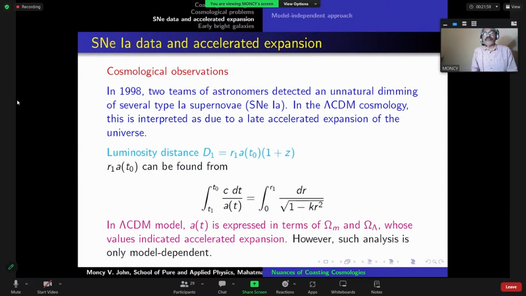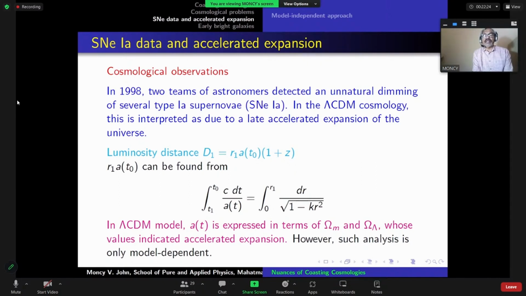To see how it reaches that conclusion, let us look at this equation for the luminosity distance. We have to do this integral, and inside this integral, you have to put the expression for the scale factor as a function of time. In the lambda CDM model, A of t is expressed in terms of omega m and omega lambda.